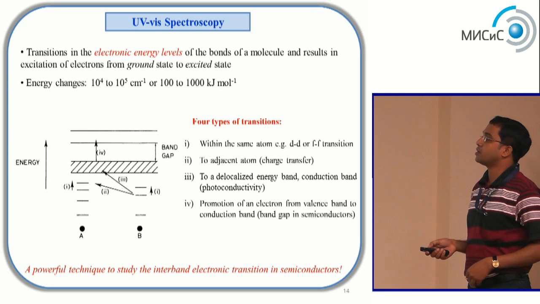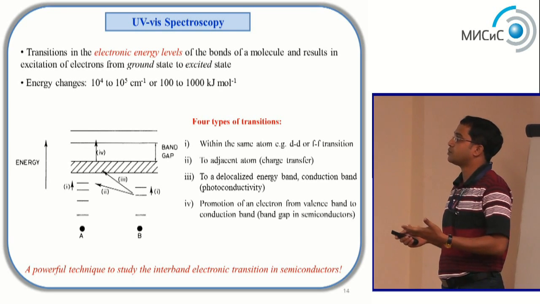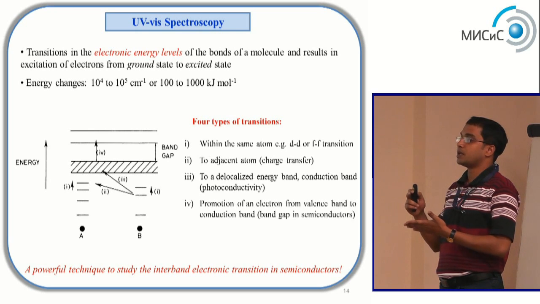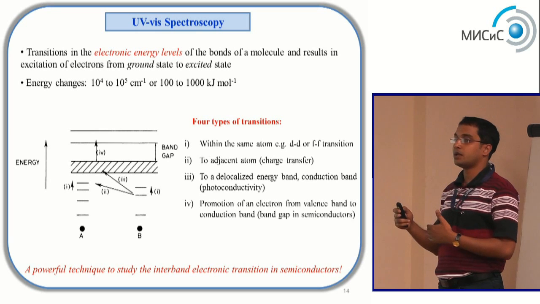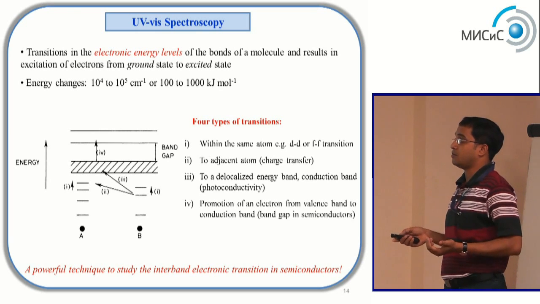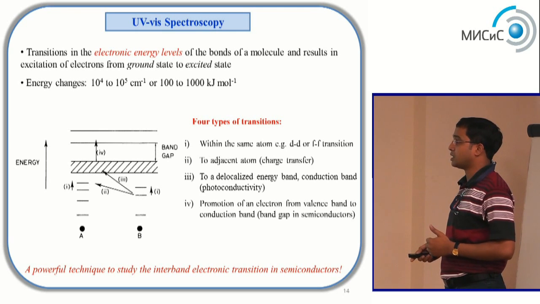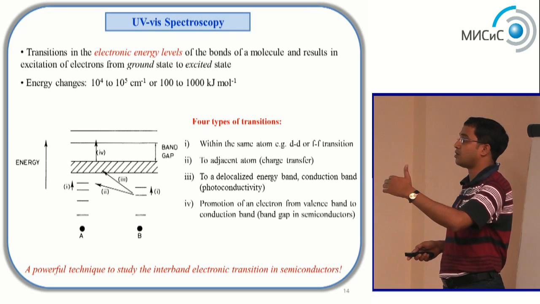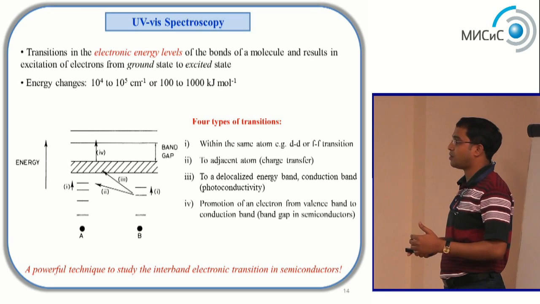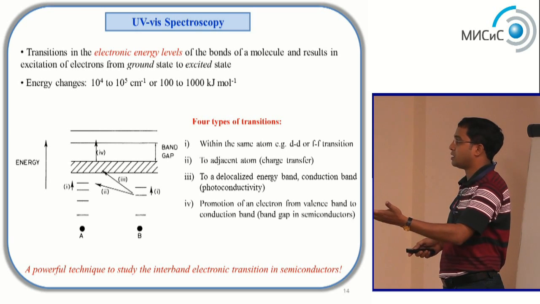For our purpose, we use the UV-Vis spectrometer. You can see the transition of electronic energy from one level to another level. You can measure it by UV-Vis spectra very easily. There are 4 types of transition. The first one, you can see here, is the transition between d and d states, or f-f transition. Second one, the adjacent atom, from one atom to another.